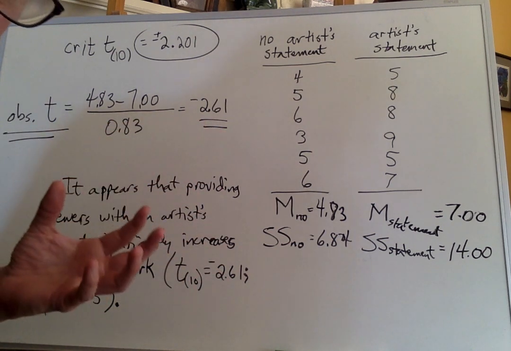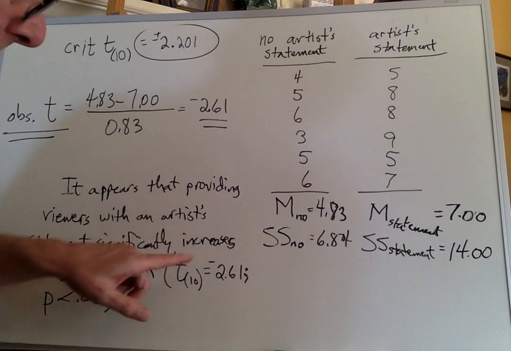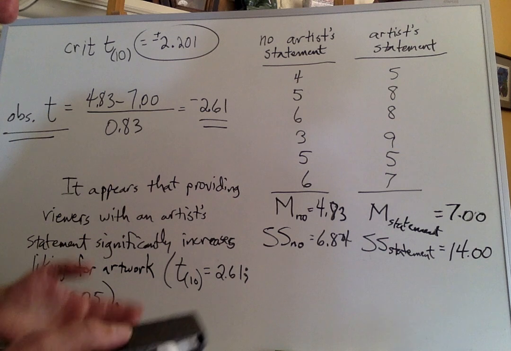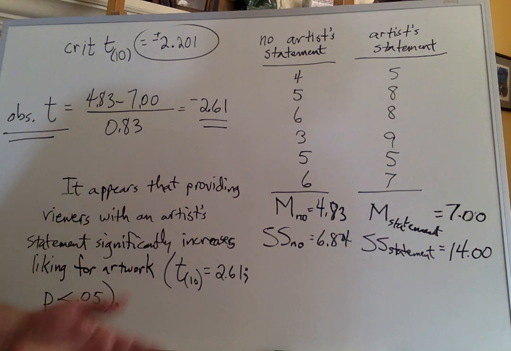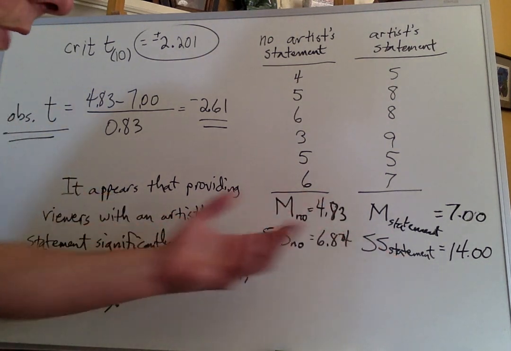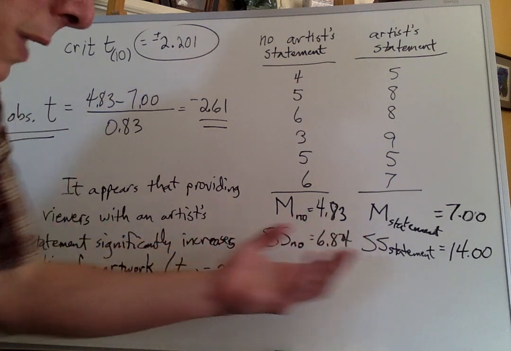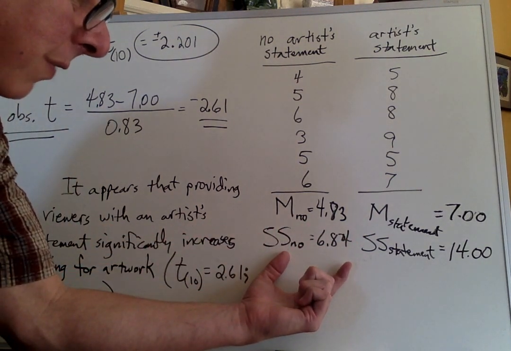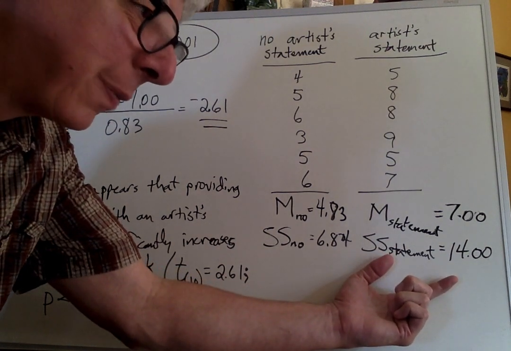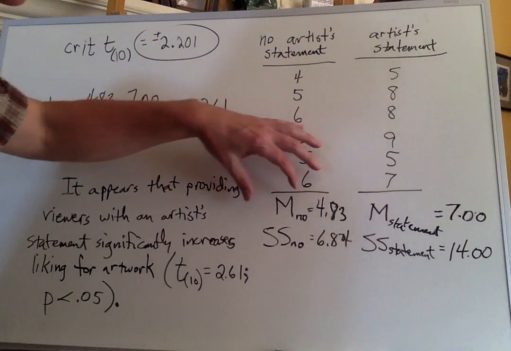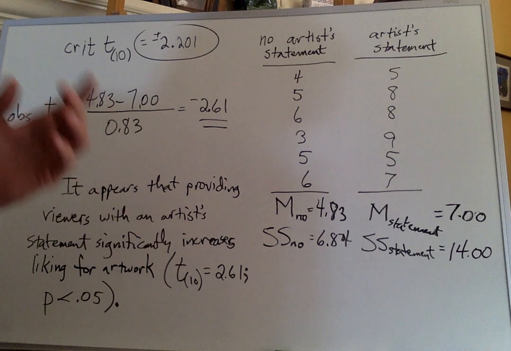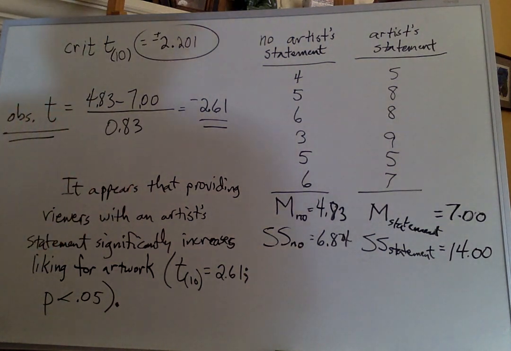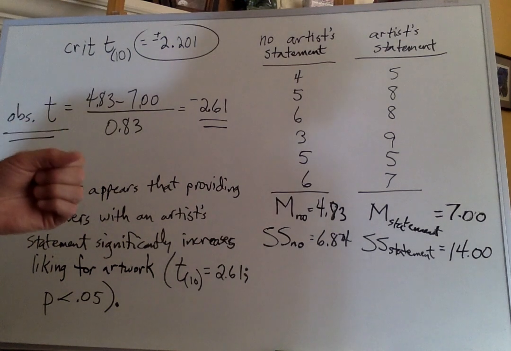Oftentimes, when I'm doing a t-test, I just report it as a positive. And the reason for that is it's kind of arbitrary, because there's really no reason why I had to put the no artist statement group first and the statement group second. If I put these numbers over here, we would get a positive value. So in this particular case, it doesn't really matter.